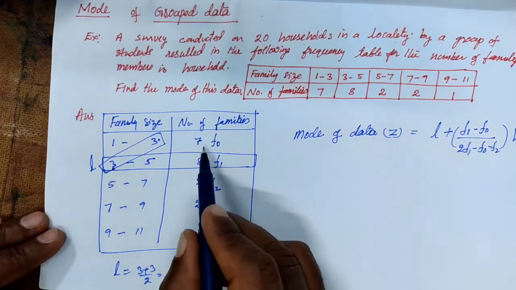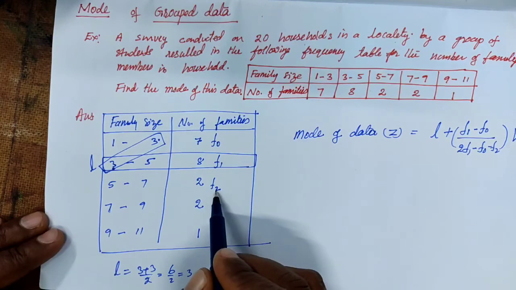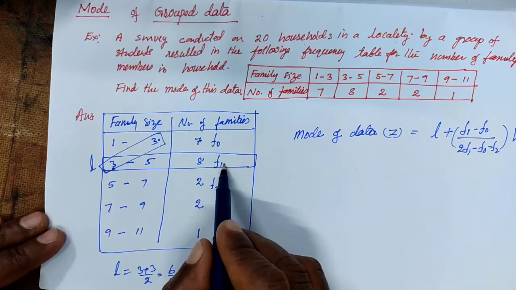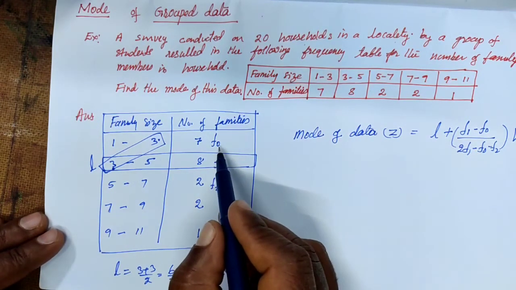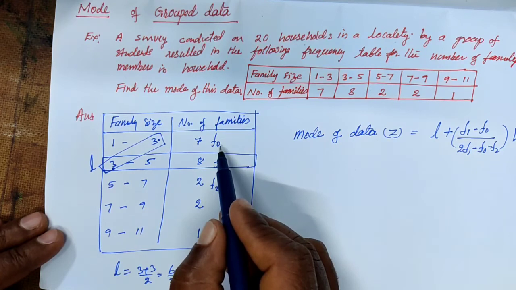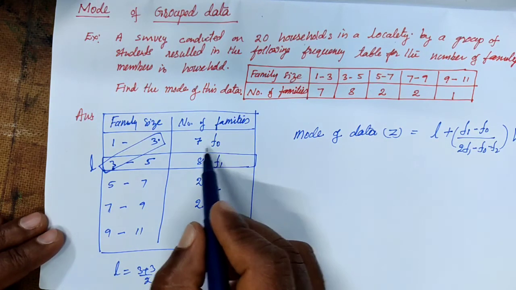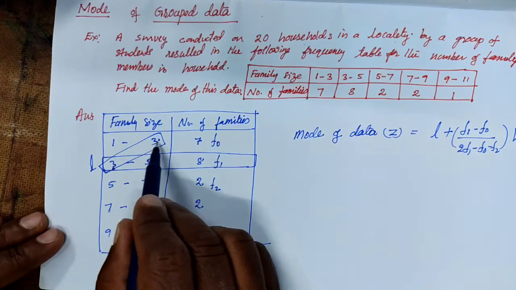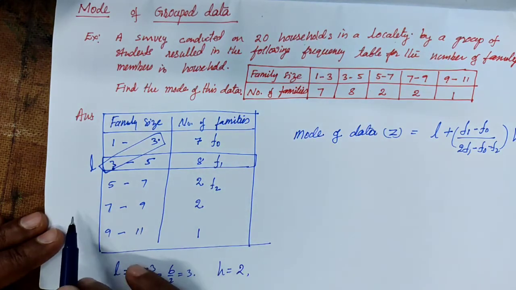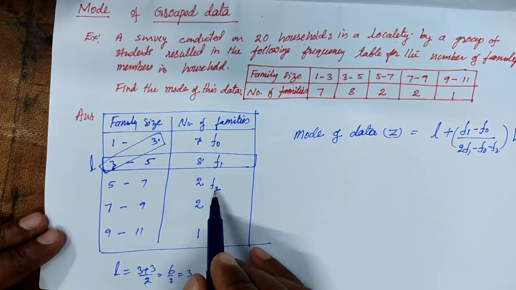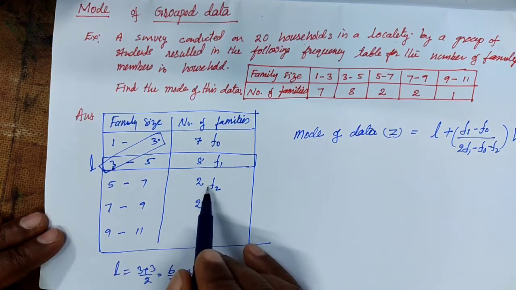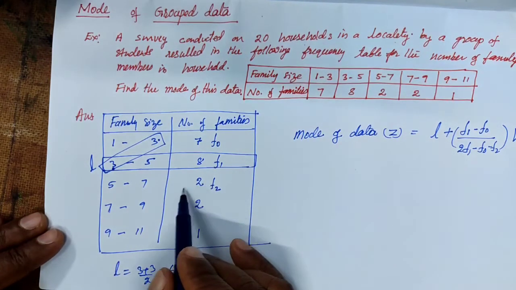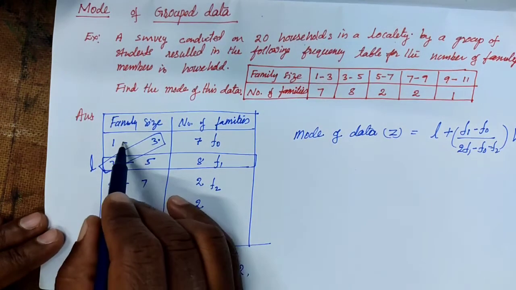F1 is the frequency of the modal class. F0 is the frequency of the class preceding the modal class. F2 is the frequency of the class succeeding the modal class.